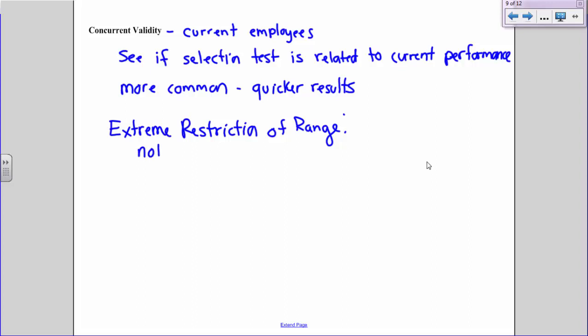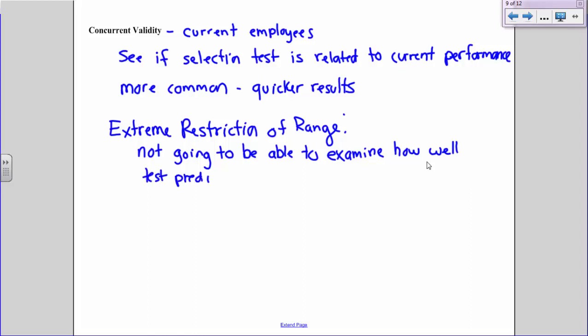You're not going to be able to examine how well your selection test predicts poor performance, because those poor performers are probably not there anymore. They either quit or they've been fired. So you're not going to be able to examine how well the test predicts poor performance.